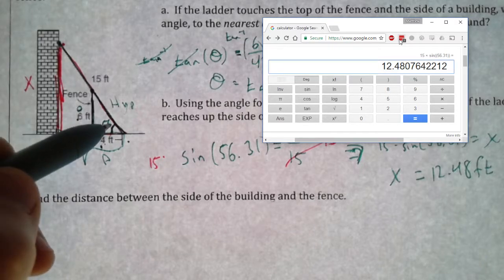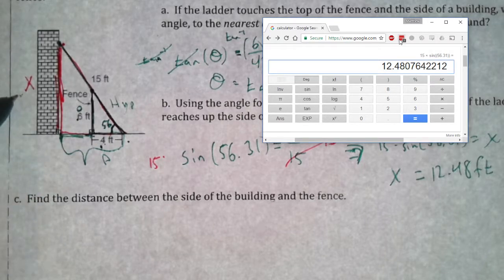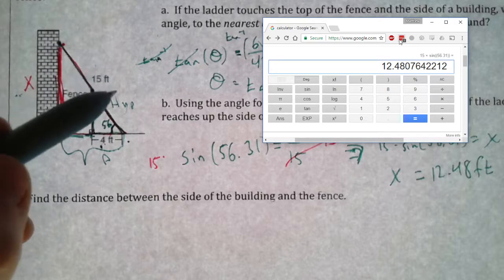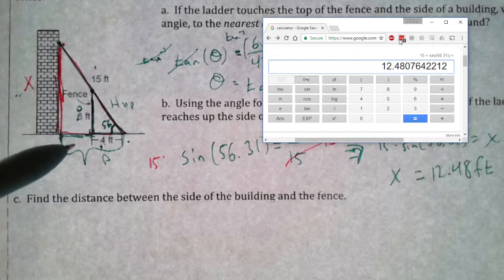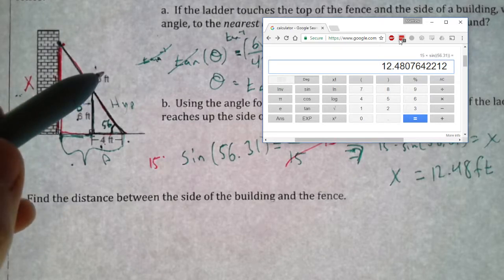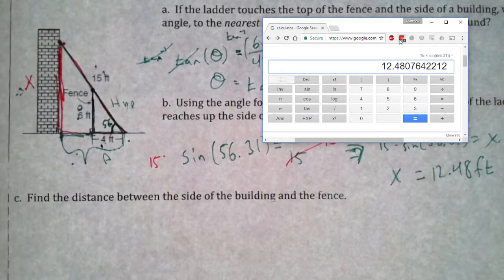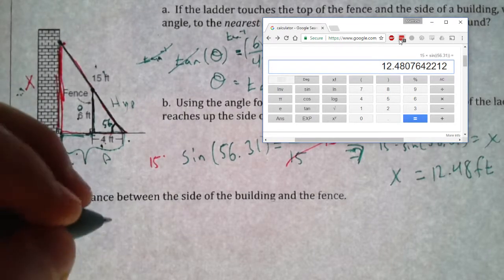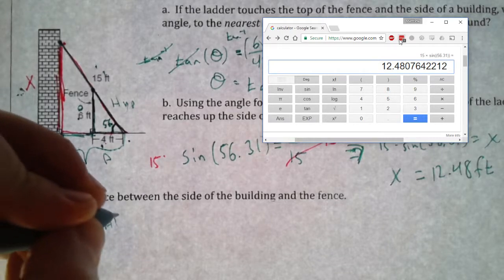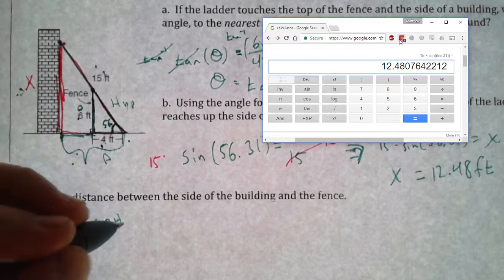So again, I have the 56 here. I now have 12.48, and I was given the 15. I can use either adjacent and hypotenuse or adjacent and opposite. We've already used tan, so let's use cos, because cos is CAH, cosine of adjacent over hypotenuse.